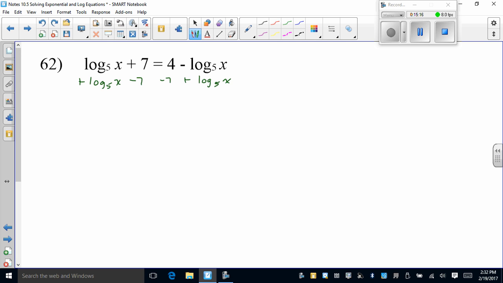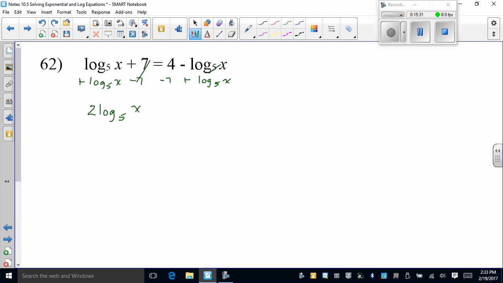Okay, so I'm going to get 2 log base 5 of x, because these cancel out, it's going to equal negative 3.